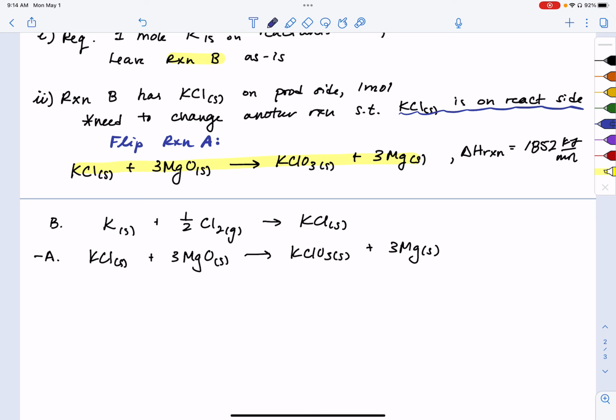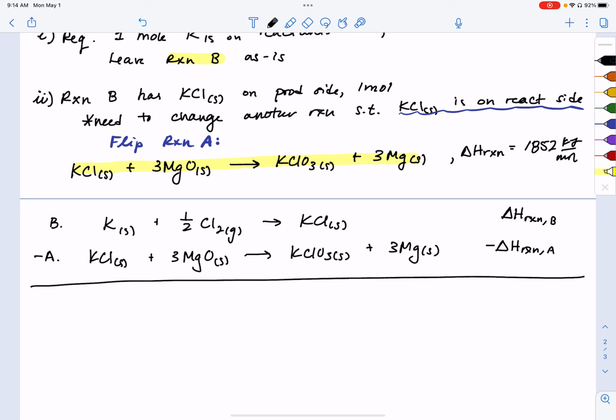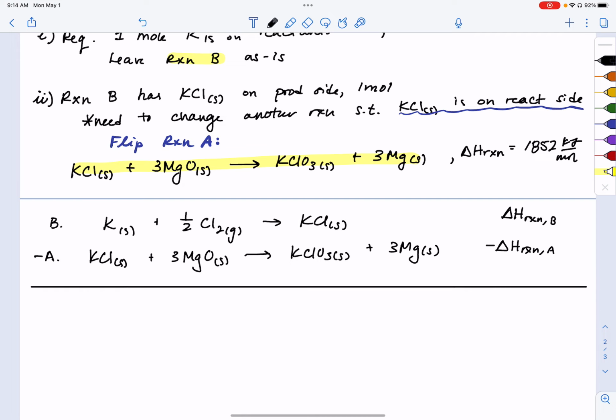So if I were to look at the heat of reaction for reaction B, which I left alone, and then the flipped heat of reaction for reaction A, if I were to add these together, let's see what I would be left with.